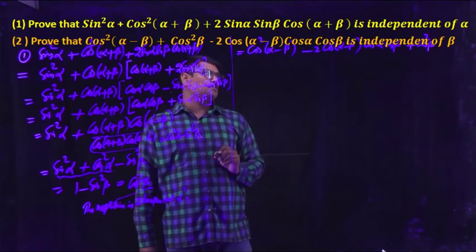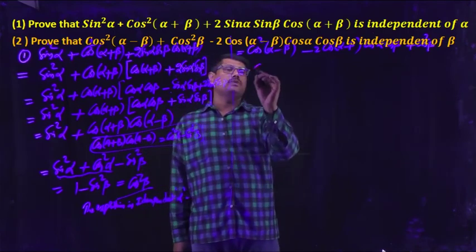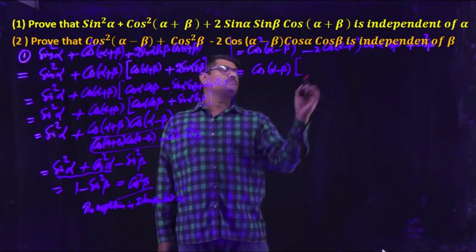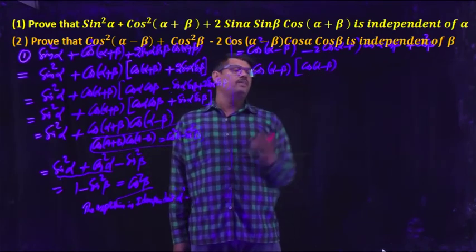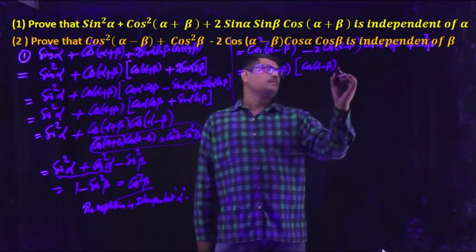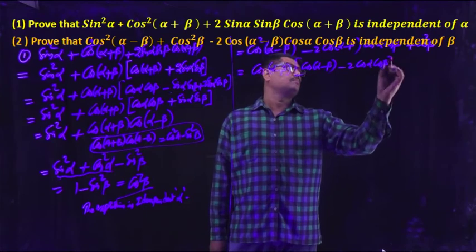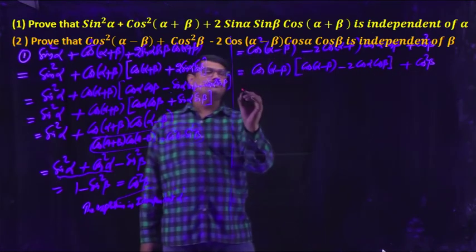Taking the expression in that format, you can observe we can separate cos alpha minus beta from the first 2 values. So you will get cos alpha minus beta as the first term, minus 2 cos alpha cos beta as the second term, plus cos square beta as the last part of the expression.